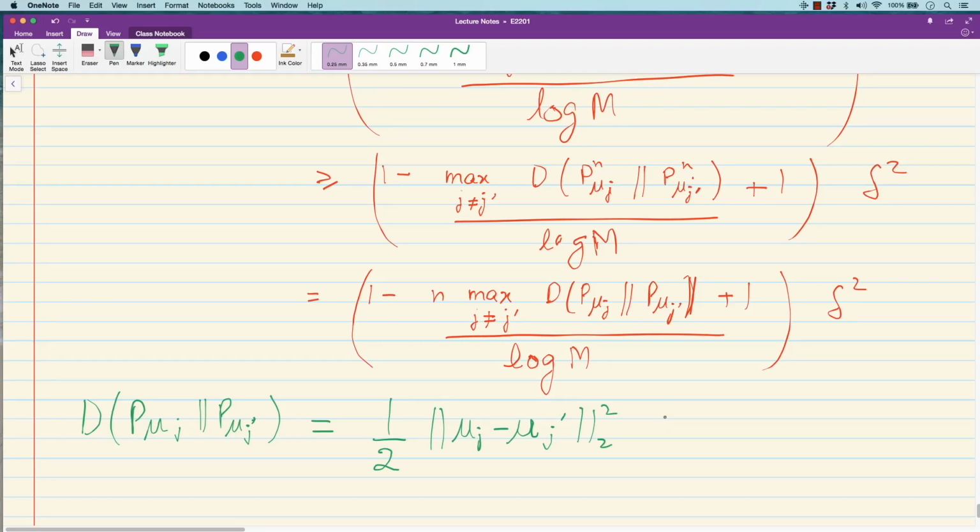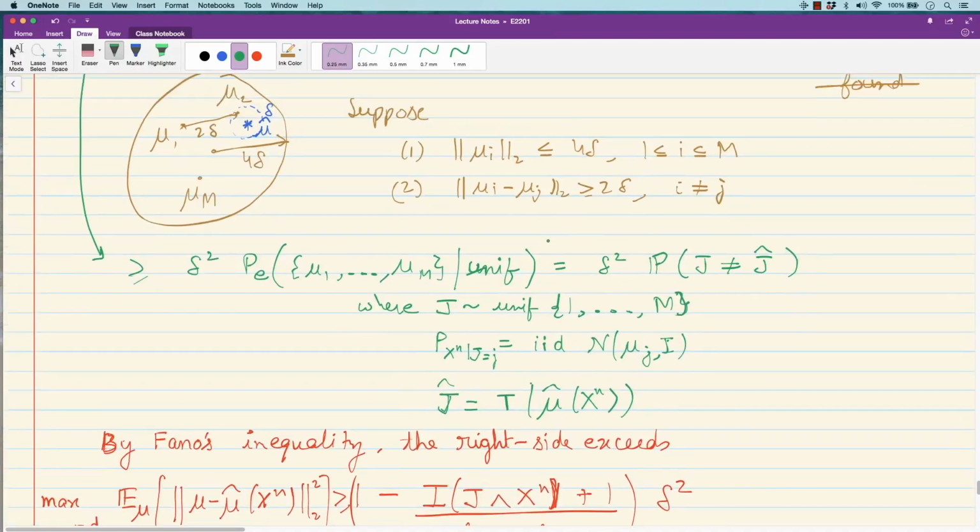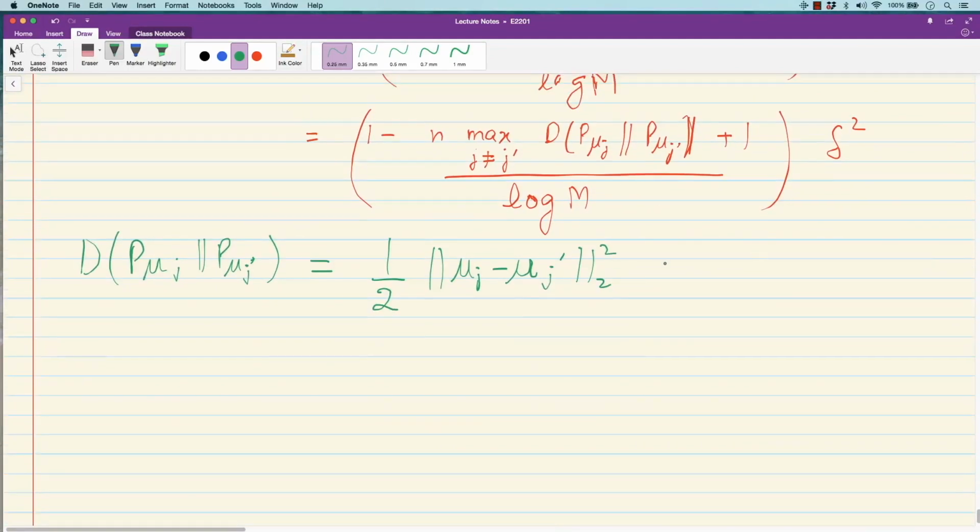And we have assumed that any two points here are at most 4 delta from the center, so the distance between two of them is less than or equal to, since (a plus b) squared is less than or equal to 2a squared plus 2b squared, 4 delta square, and then with two terms, 8 delta square.